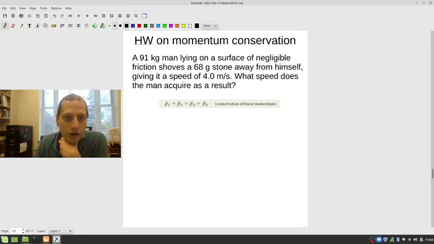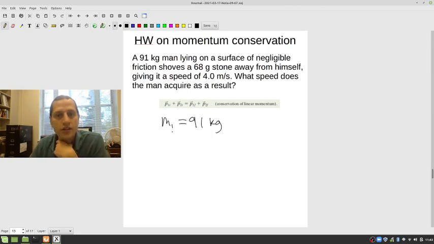In this story, we have a 91 kilogram man, so we know the man's mass. He lies on the surface of negligible friction, so he's on an ice rink or something, and he shoves a 68-gram stone away from him.